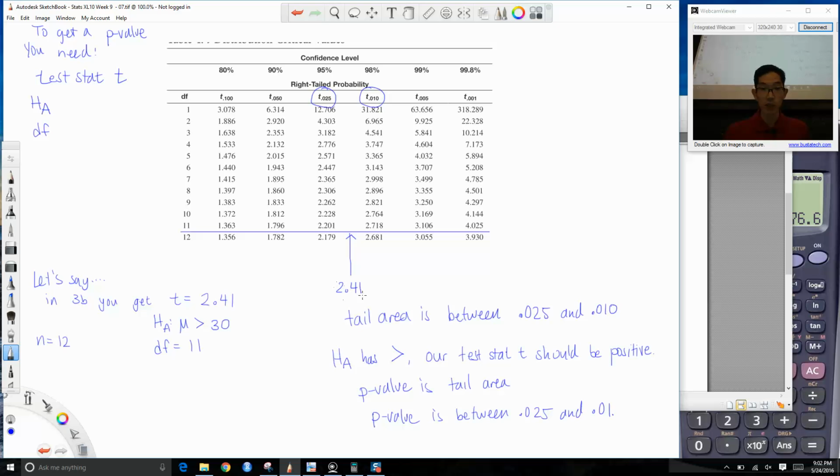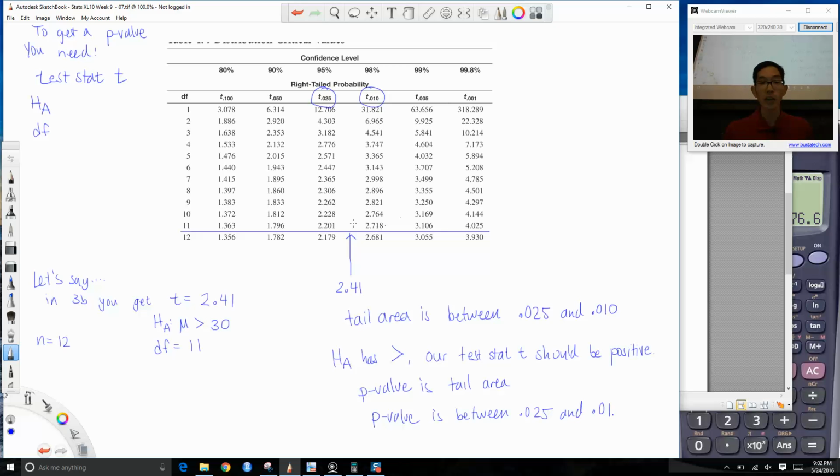Because my number 2.41 is between these two numbers, my tail area is also going to be between these two numbers. If my t ended up exactly 2.201, then my tail would be exactly 0.025. But we almost never get something exactly this value.